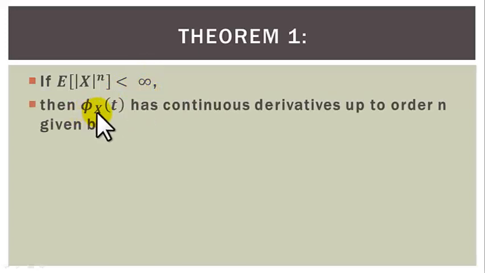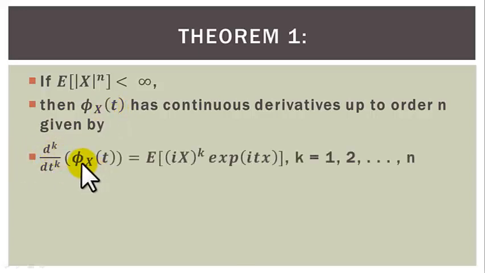Theorem 1. If the expectation of the absolute value of X to the power n is less than infinity, then the characteristic function of X with parameter t has continuous derivatives up to order n, given by the kth derivative of the characteristic function φ_X(t) with respect to t equal to the expectation of (iX)^k times e^{itX} for k equals 1, 2, up to n.